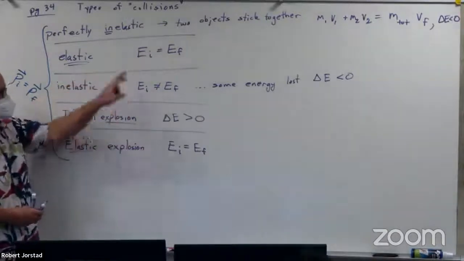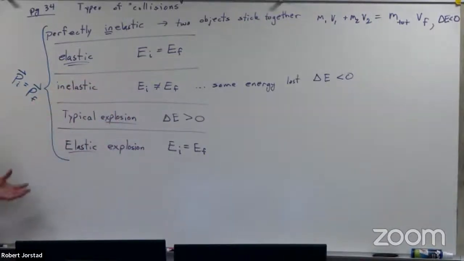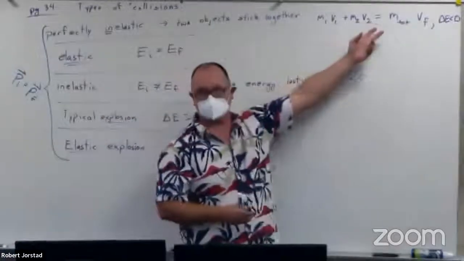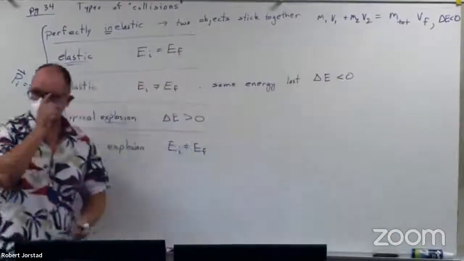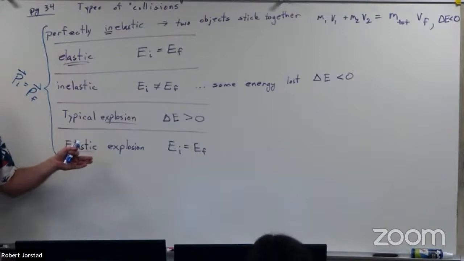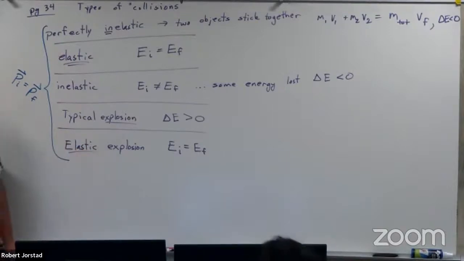Sometimes, for these two cases, you can use conservation of energy. Sometimes you expect change in energy to be positive or negative, and sometimes there's only one term. Got it? At this point, we're going to do as many versions of these as we can with the time we have left. Okay, got it?